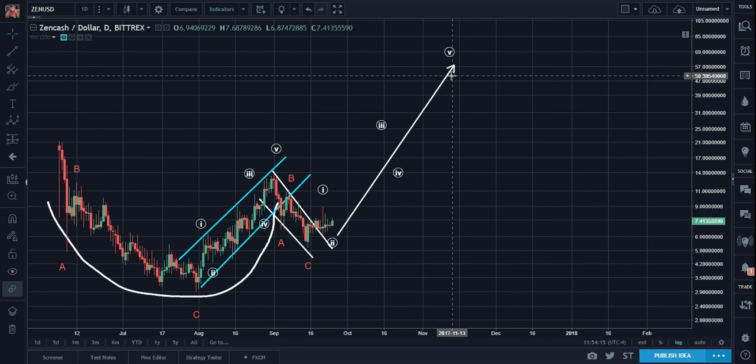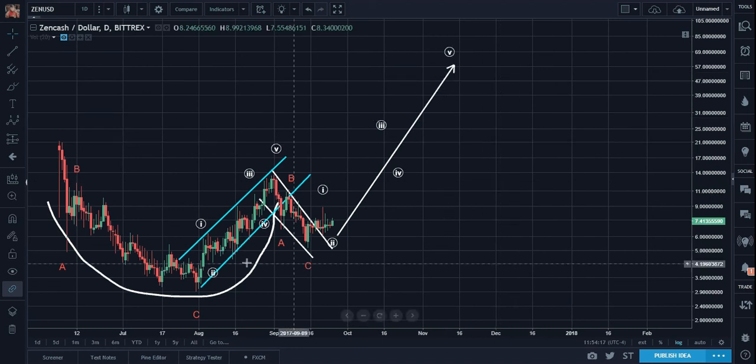And this pathway would beautifully confirm the cup and handle pattern combined with the Elliott wave corrections, and the resumption of the uptrend that was started here.